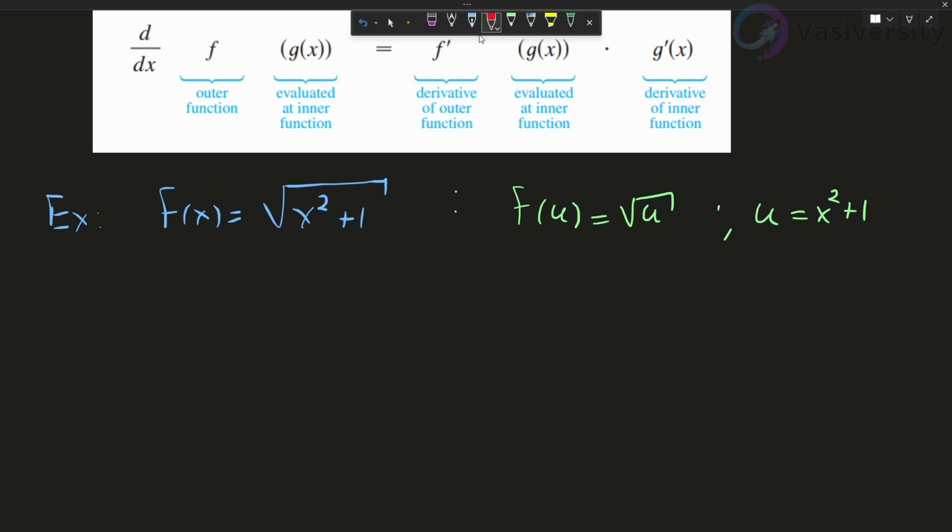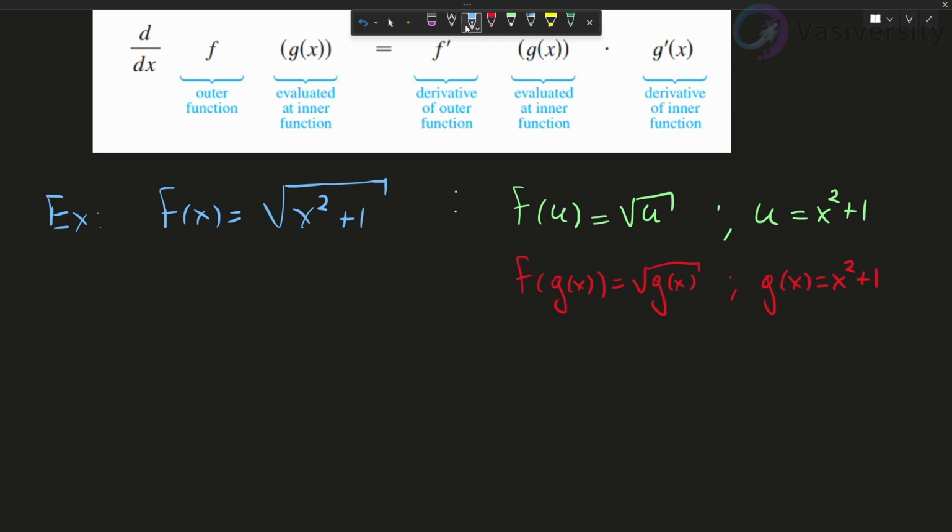Or you could write it as f of g(x) is equal to the square root of g(x), where g(x) is our variable, quote unquote, and g(x) is equal to x squared plus 1. So wherever notation is more convenient for you, you can use it.